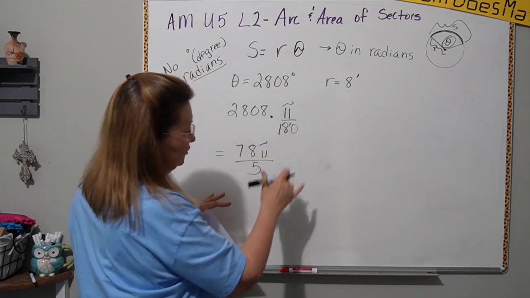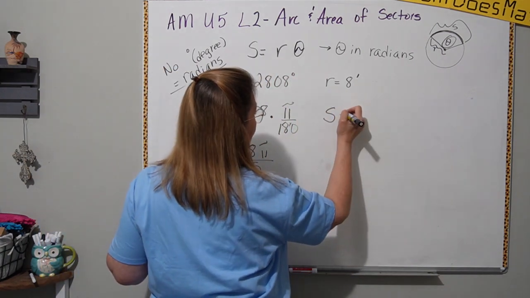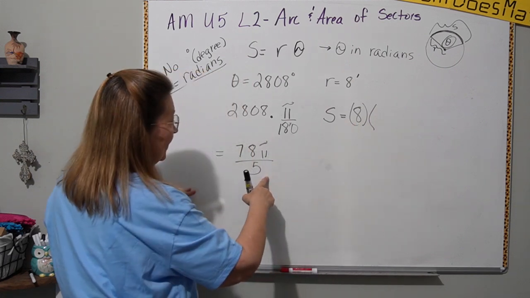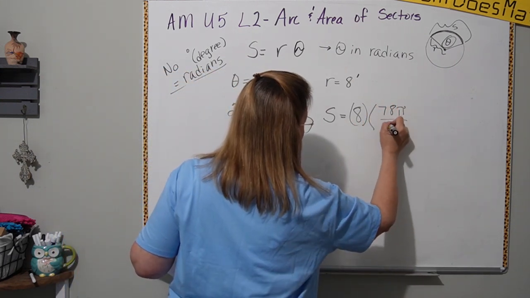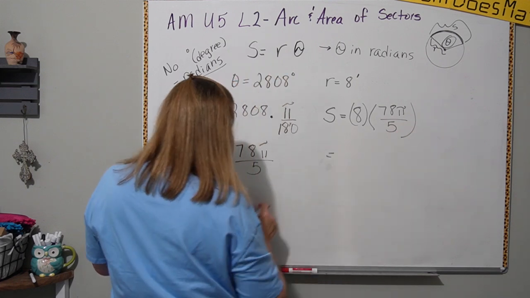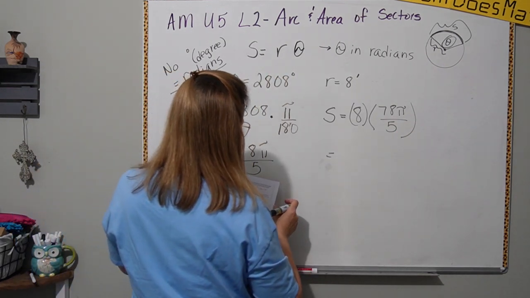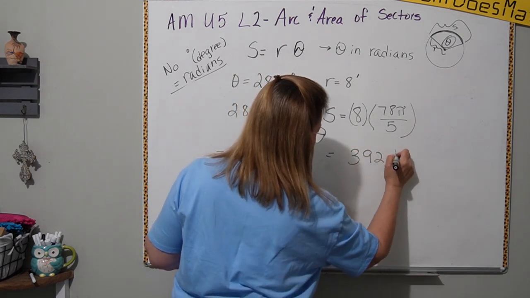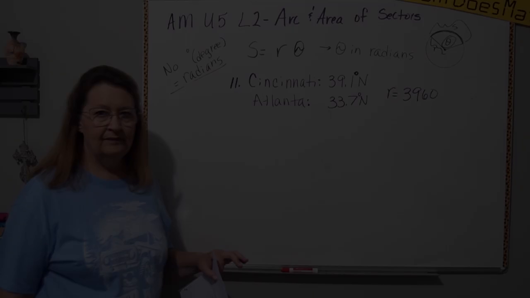All right, and that was just put into the calculator. So now we're going to take S equals, your radius is 8, and we're going to multiply that times 78 pi over 5. And our first answer is going to be 392.1. And that's all you have to do on that one.